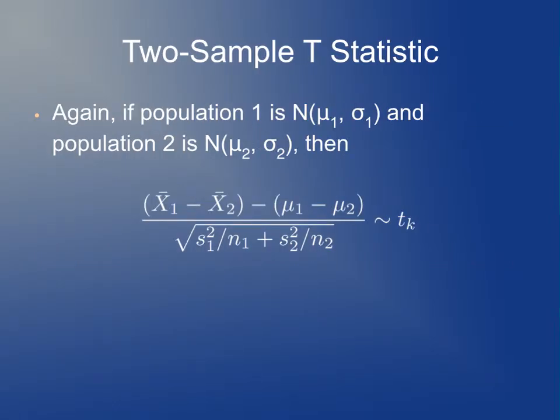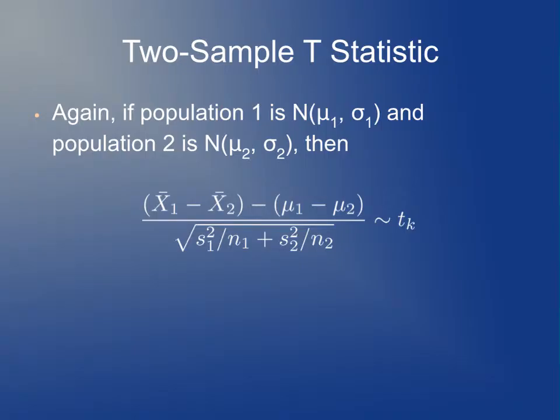And if sigma1 and sigma2 are unknown, then you can calculate a two-sample t-statistic where, again, population 1 is normal with mean mu1 and standard deviation sigma1, population 2 is normal with mean mu2 and standard deviation sigma2.